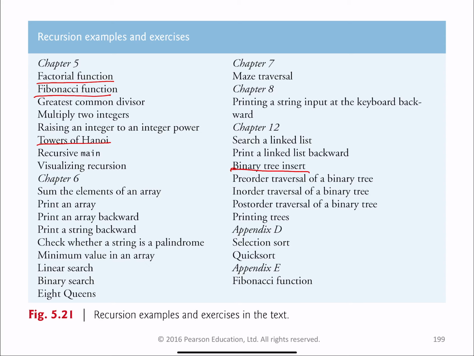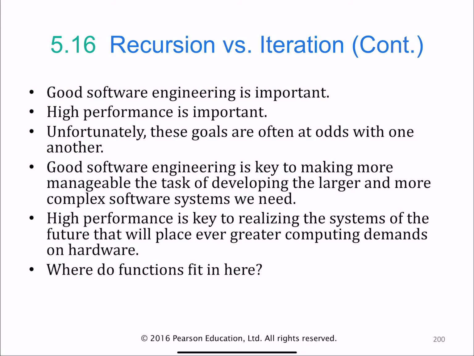Binary tree insert, maze traversal. Take a look also at selection sort, quick sort, sorting algorithms, and printing trees, of course. Take a look at these because they might give you an idea for your semester project.